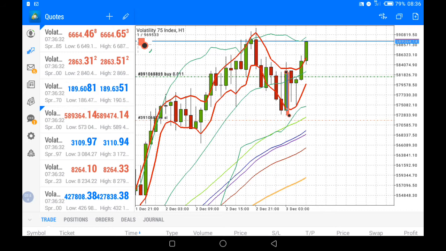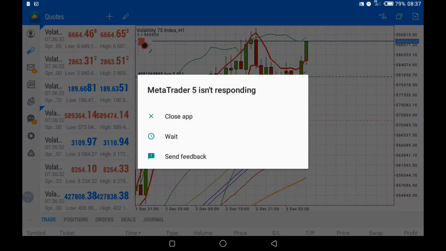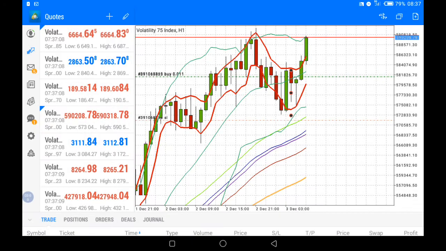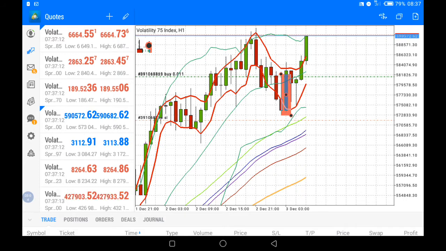When I spotted the bullish engulfing pattern, accordingly.